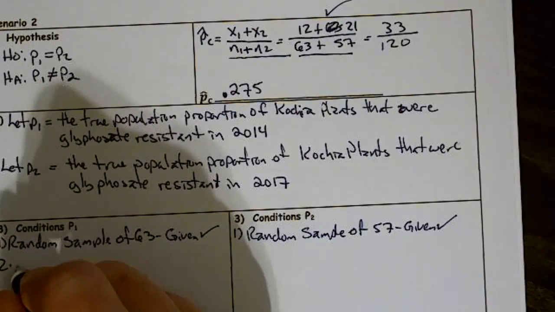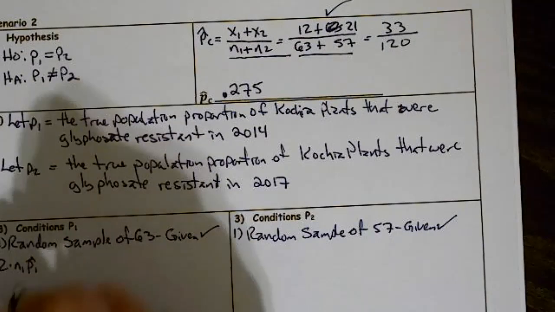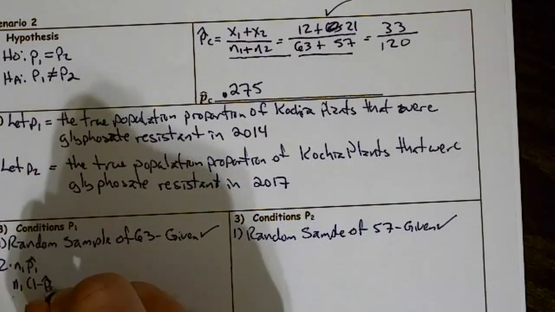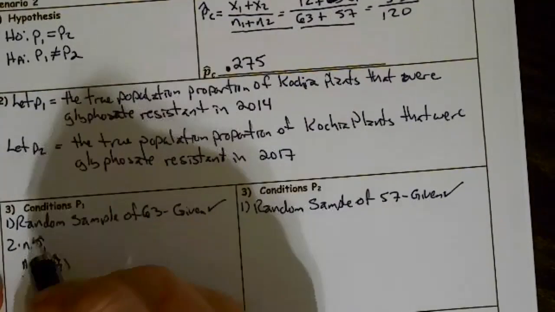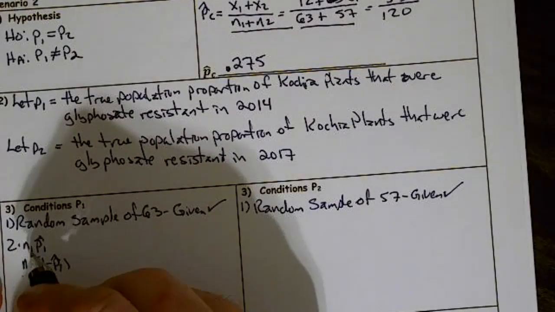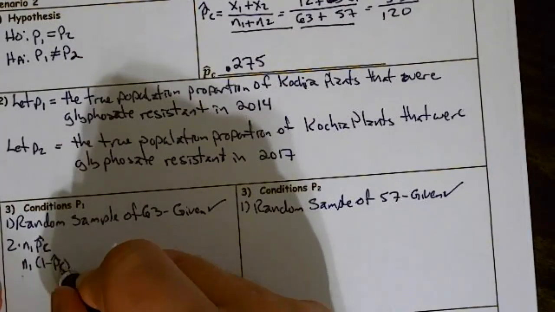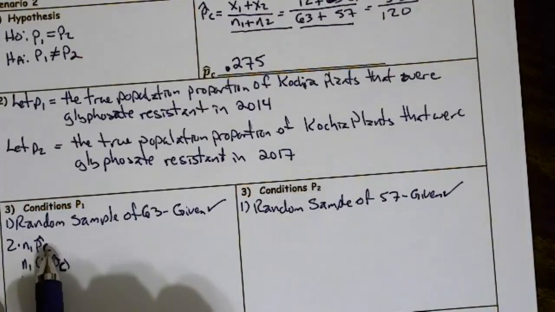Condition 2: N1 P hat 1, N1 times 1 minus P hat 1. So N1 times P hat 1, but it's not P hat, it's P hat C. All right, that's the big difference. Confidence intervals are P hat 1.